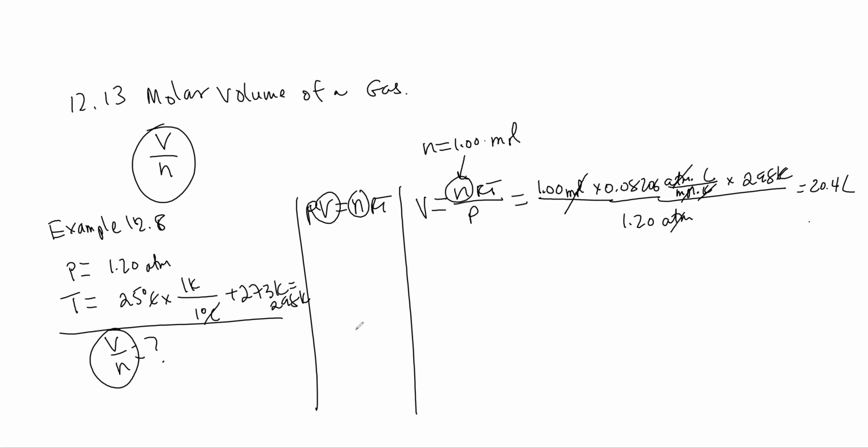Now, let me see if there are any other questions that are going to pose difficulties for you guys here. I don't see any, they all solve the same way. PV equals nRT, you find the volume, and you always have to put 1 mole in here.